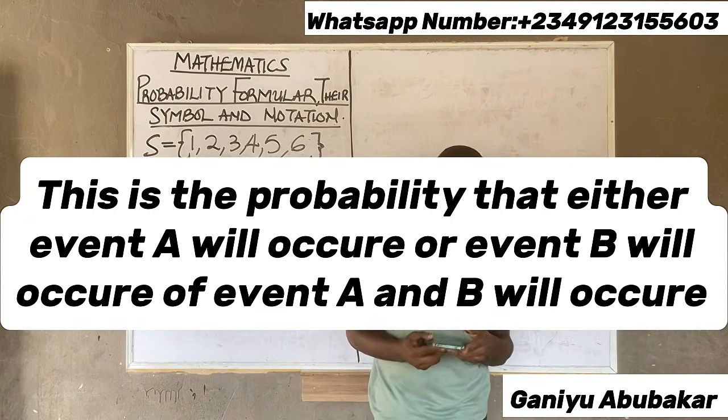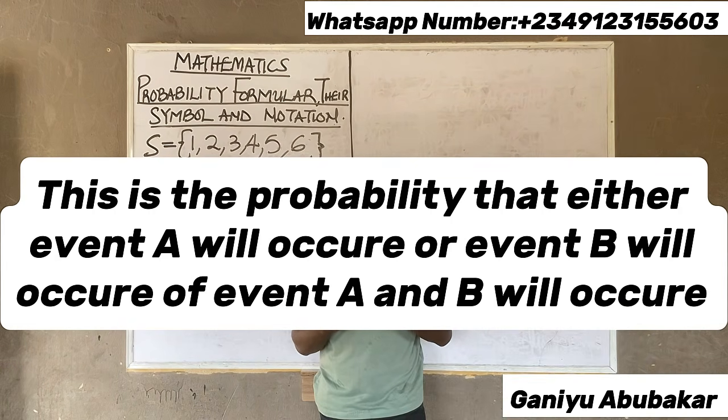Take down. This is the probability that either event A will occur or event B will occur, or event A and B will occur.